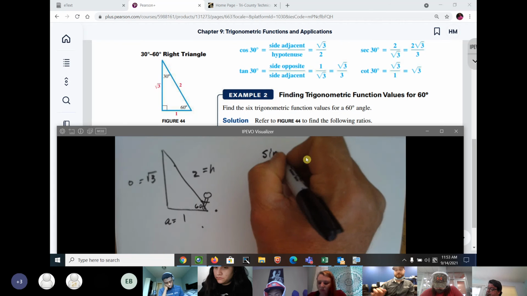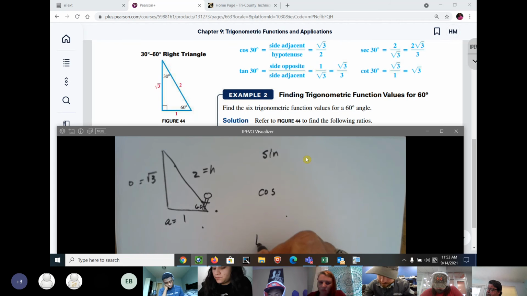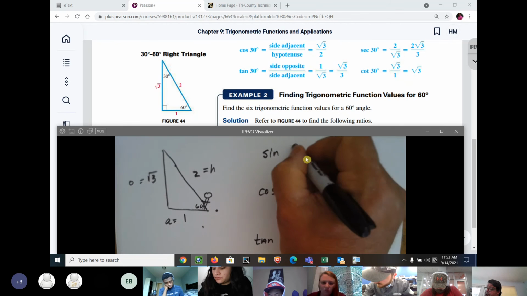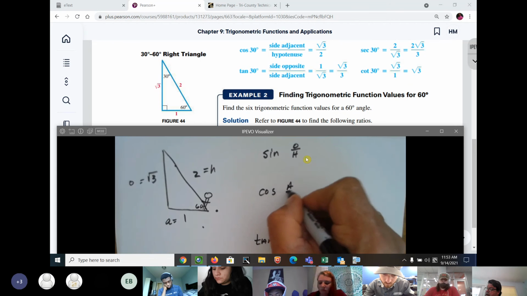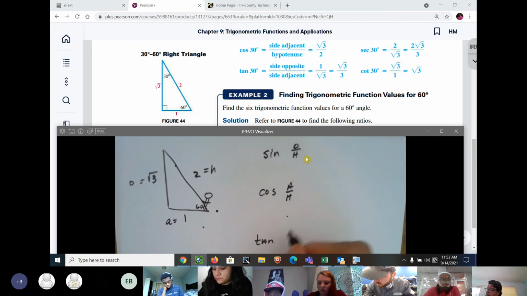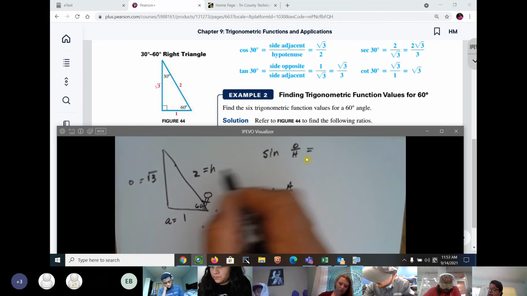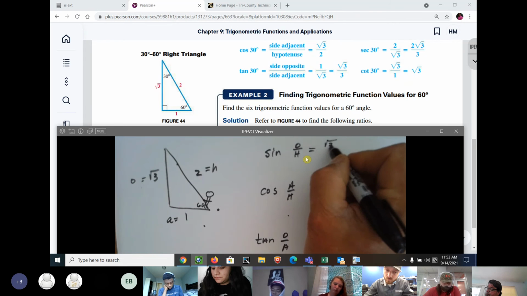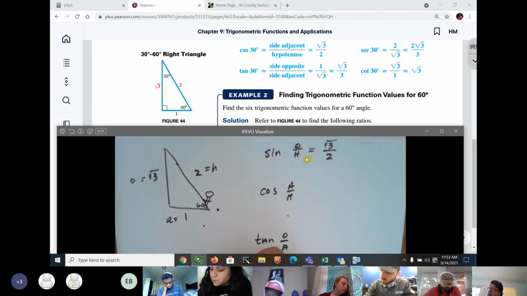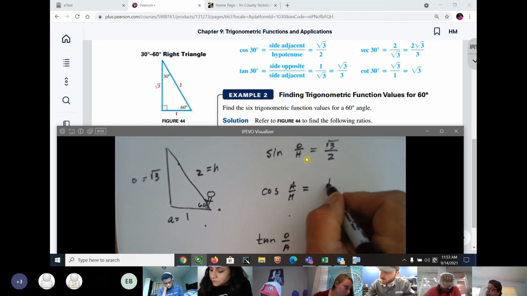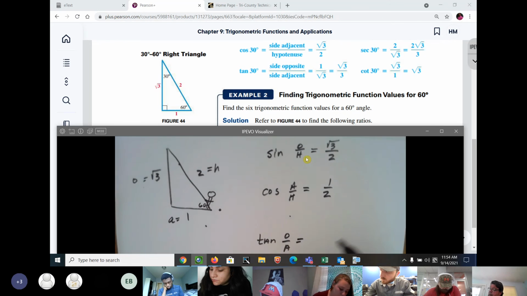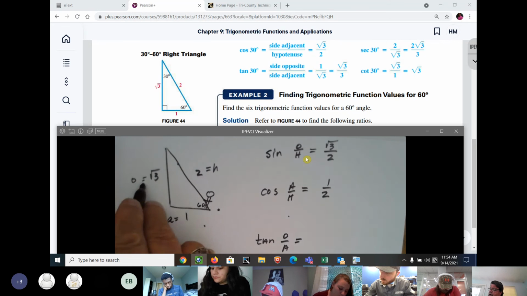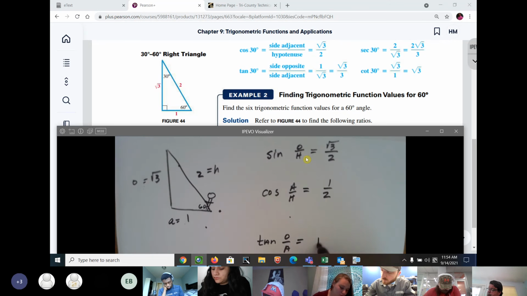Sine, cosine, tan. Oscar had a hunk of apple. Sine, opposite, square root of 3 over 2. Cosine, adjacent, 1 over 2. And tangent, square root of 3 over 1.